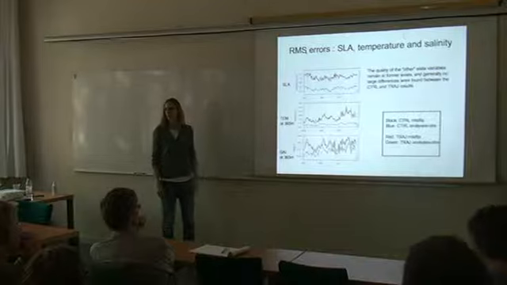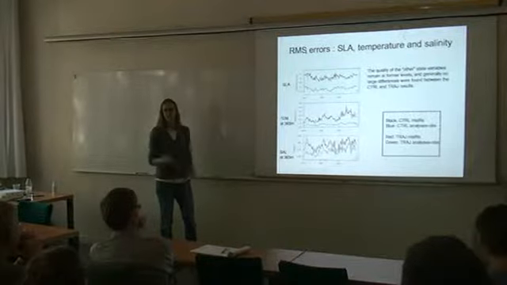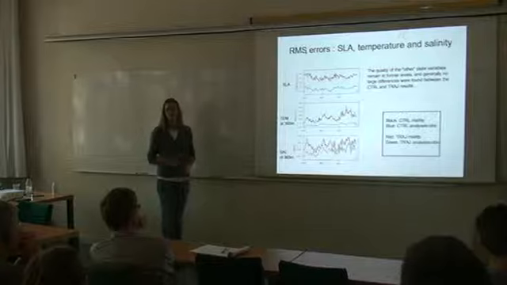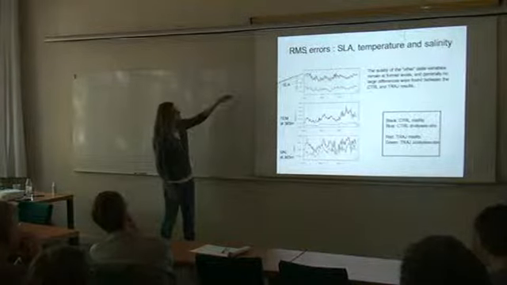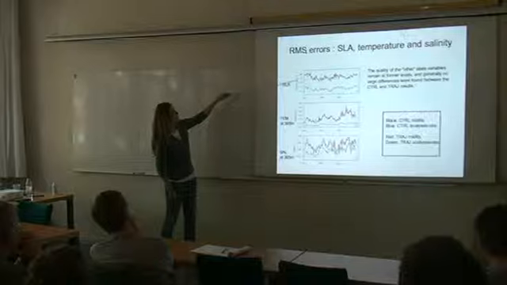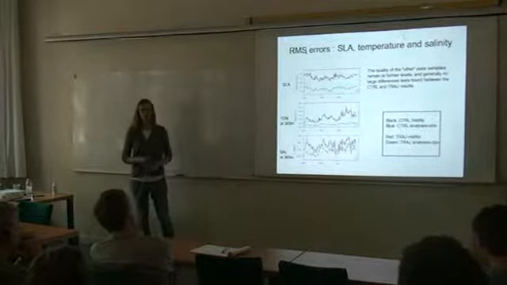So it's not getting better, it's not getting worse either, it's remaining at the previous levels that weren't that bad either. The error for sea level anomalies is around 3.5 centimeters, so the quality is very high.